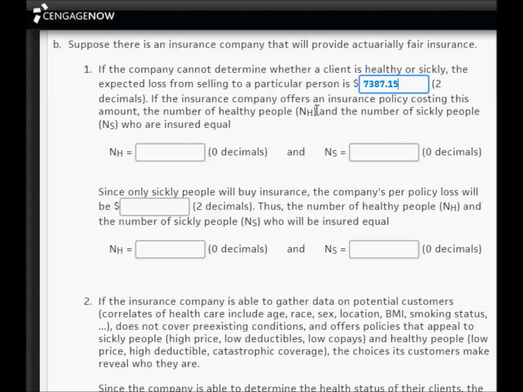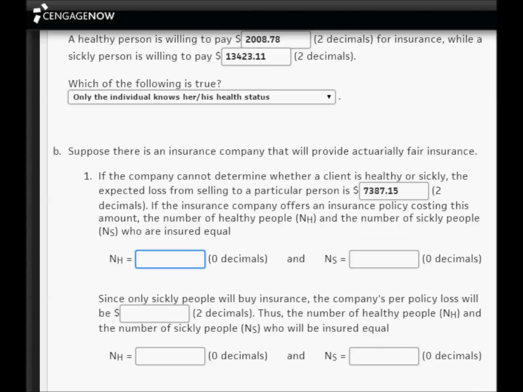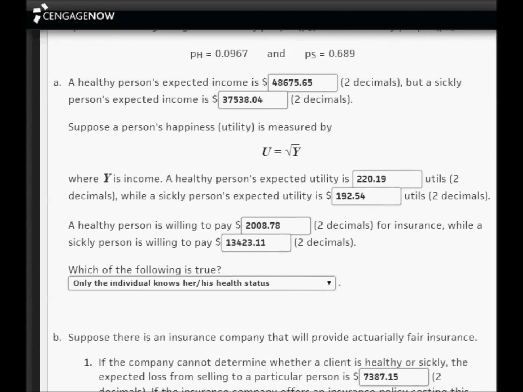If the insurance company offers an insurance policy costing this amount, the number of healthy people and the number of sickly people who are insured will equal... Because this premium is more than what a healthy person will pay, the healthy person is only willing to pay $2,000 roughly.